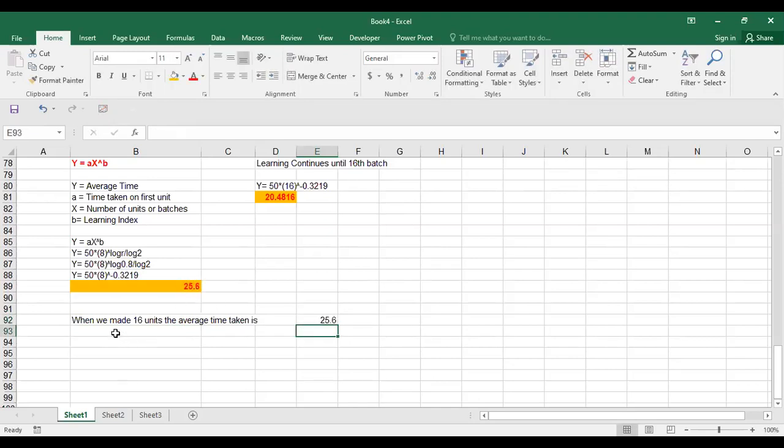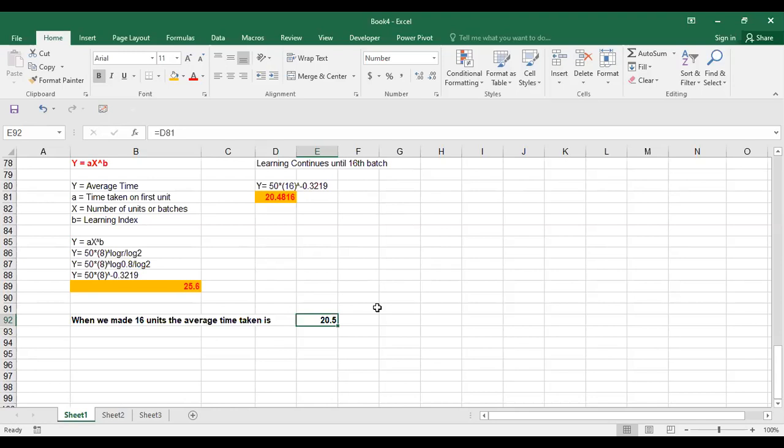When you make 16 units, the average time taken is 25.6 hours. No, this is for 8, I'm sorry. For 16, it is this. Am I right or not? Yeah. What is this 20.5? Is it the total time or average time?